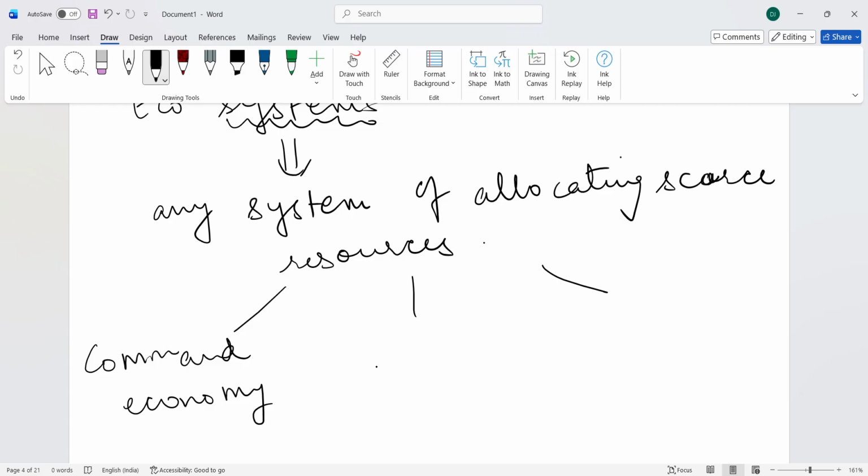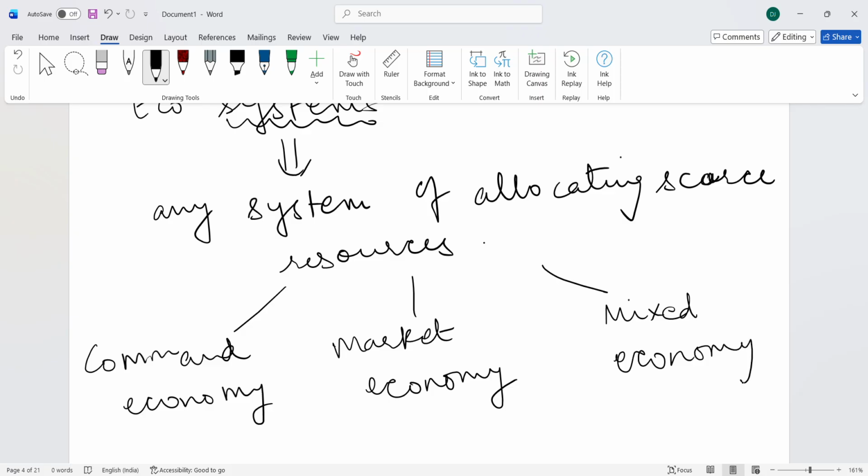The second is your market economy. And the third is your mixed economy. So in economics, we study these three major economic systems, each being a system of allocating those scarce resources.